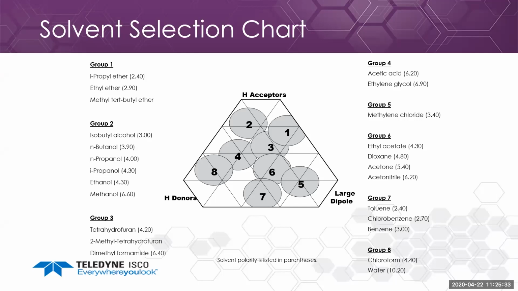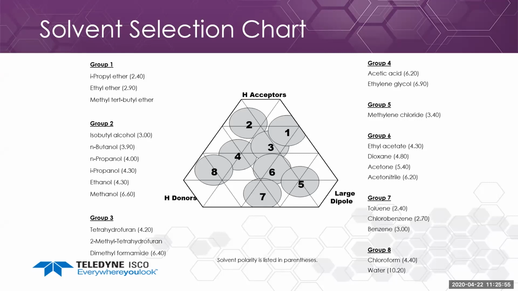As these solvents get grouped into certain groups, they're going to have like properties. And so we can use this two ways. If you're using acetonitrile as a solvent, you could maybe use acetone or ethyl acetate instead. They would have similar properties.